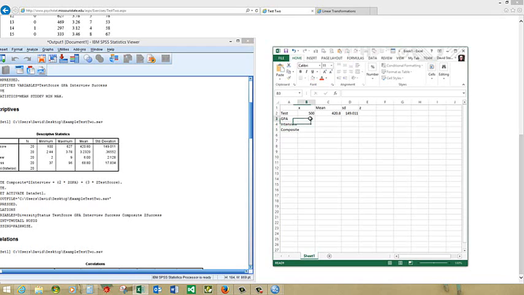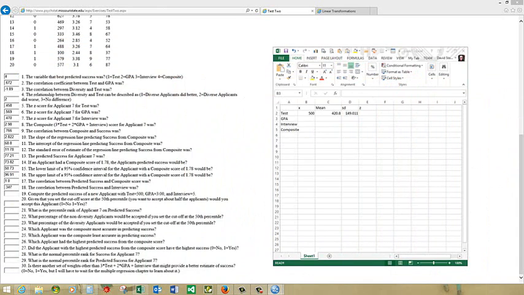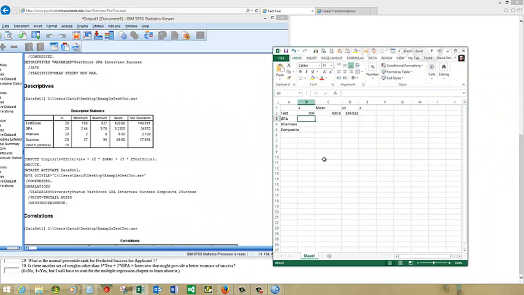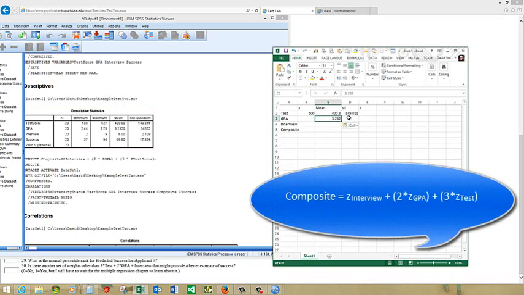All right, so in our example, the mean for the GPA is 3.232. Standard deviation is 0.3655.